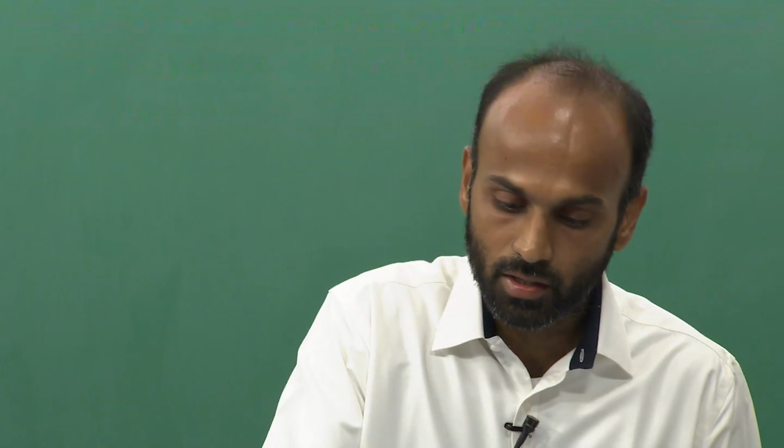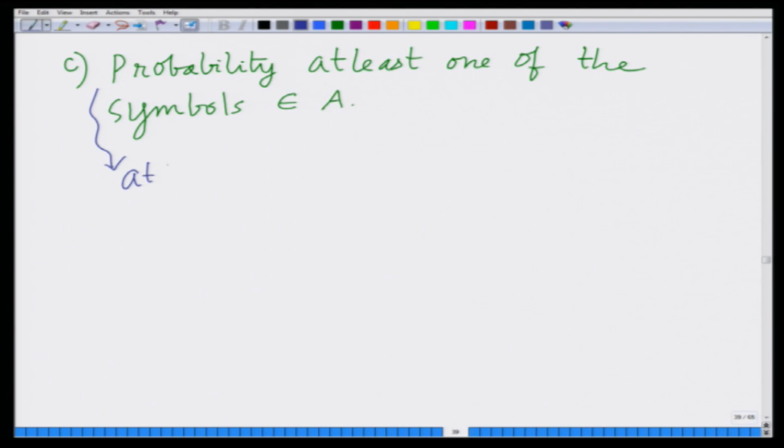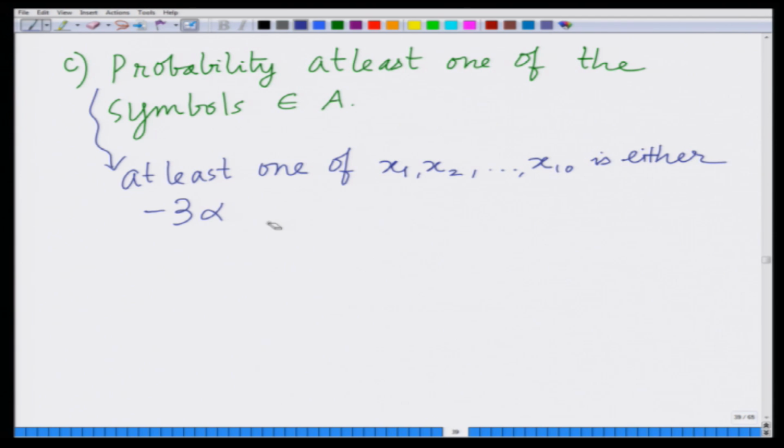What is the probability that at least one of these x1, x2 up to x10 belongs to the set A, that is at least one of these x1, x2 up to x10 is either minus 3 alpha or alpha?